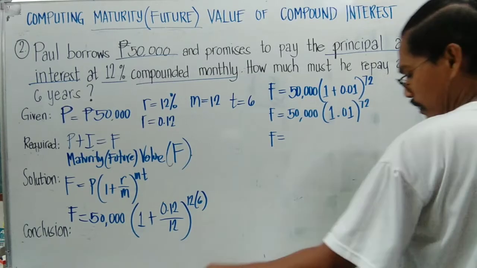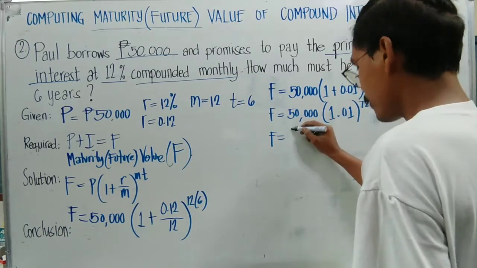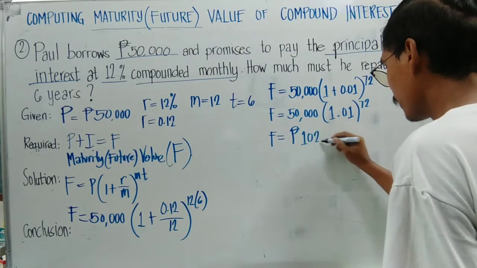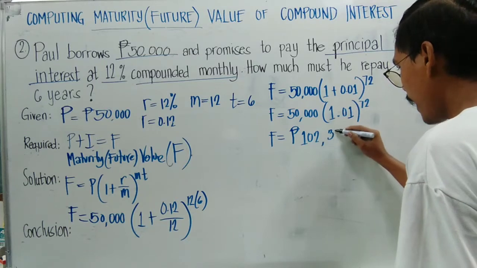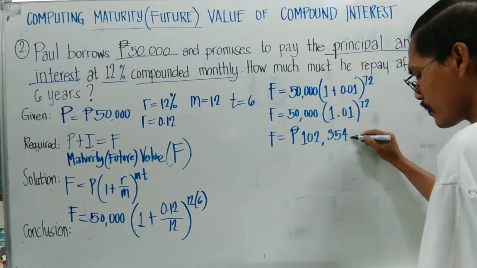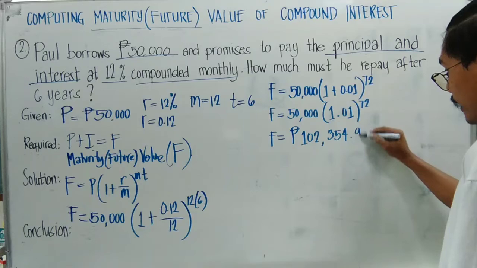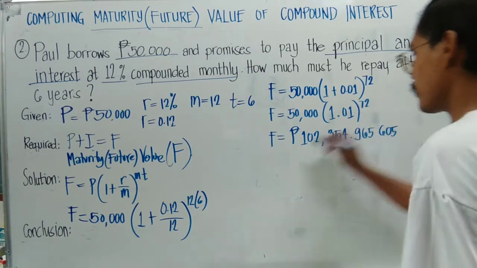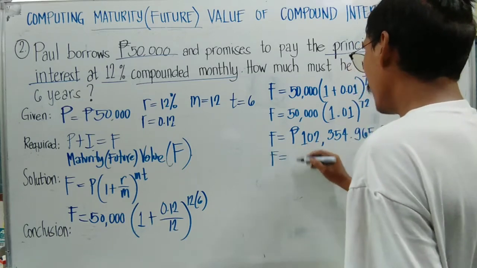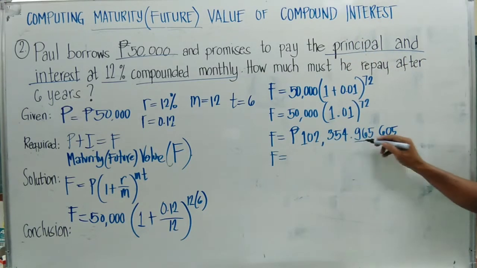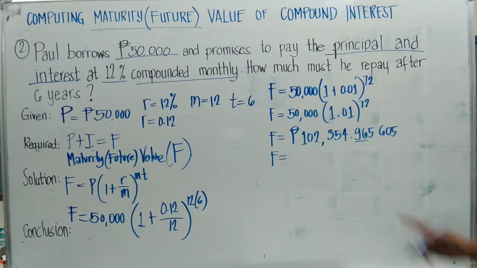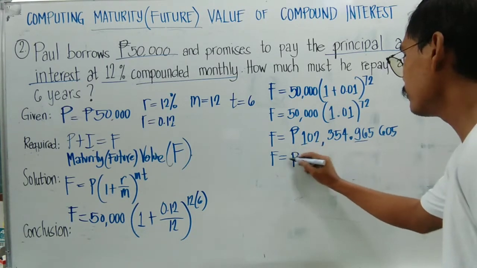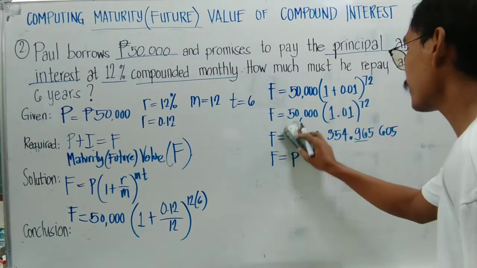Computing this using your calculator, you can arrive at these digits. So we have 102,354 pesos, 0.965605, and so on. So rounding it off to the nearest hundredths, or shall we say 2 decimal places, we have, okay, let's erase this one first.